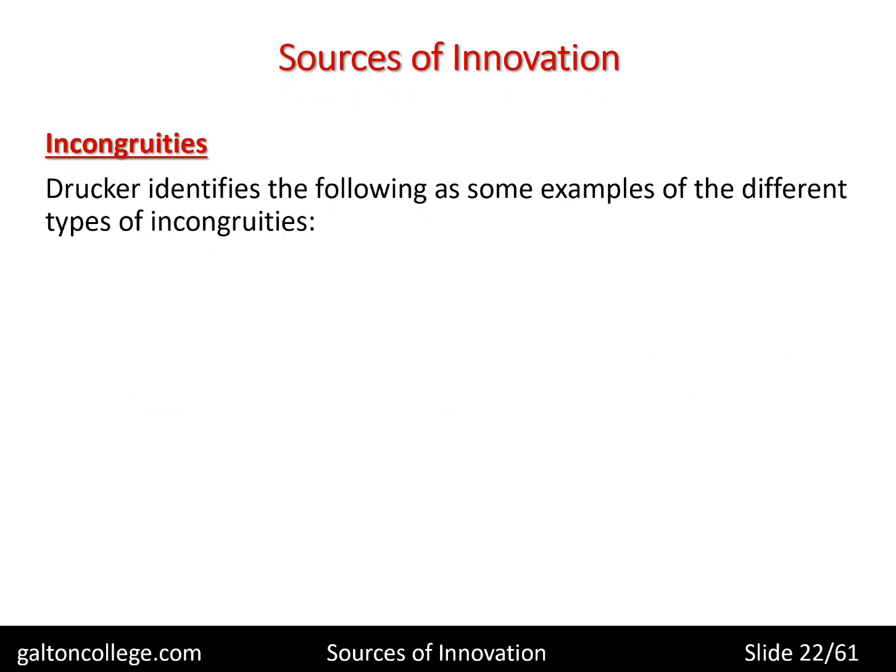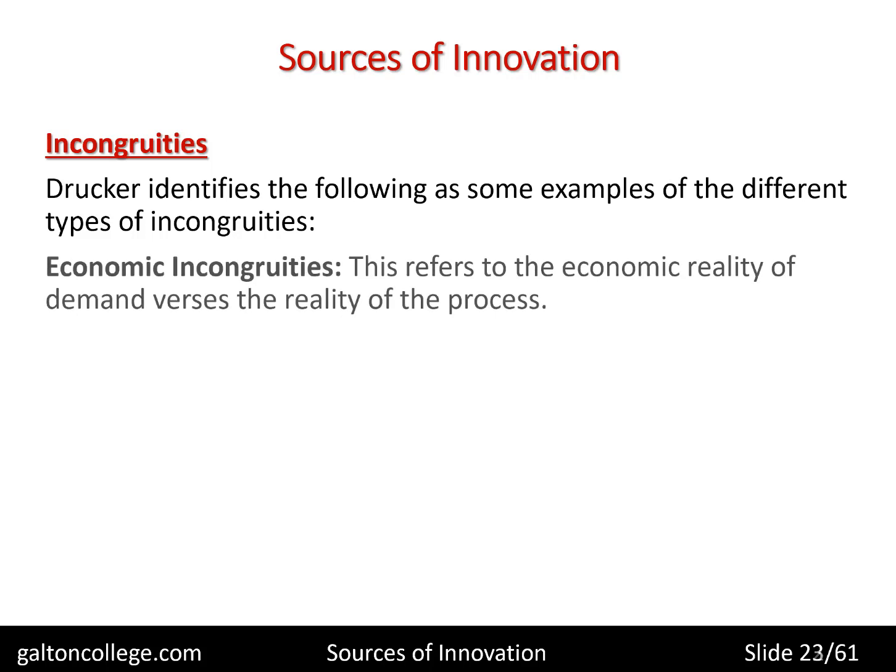Drucker defined the following as some examples of different types of incongruities. Economic incongruities. This refers to the economic reality of demand versus the reality of the process. Sometimes what customers want is not exactly what the company is doing.